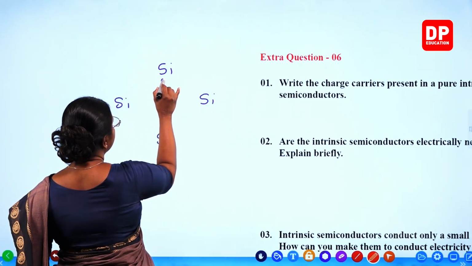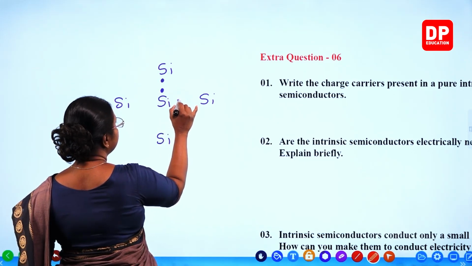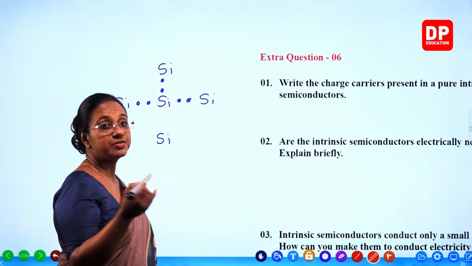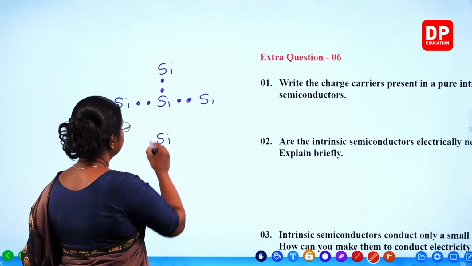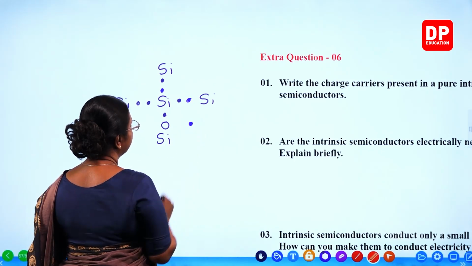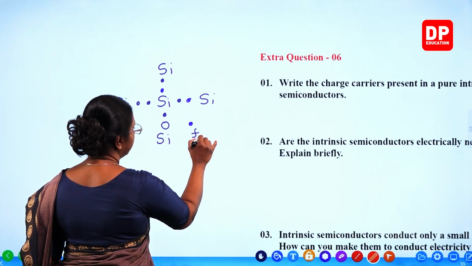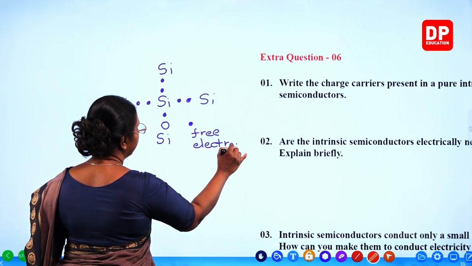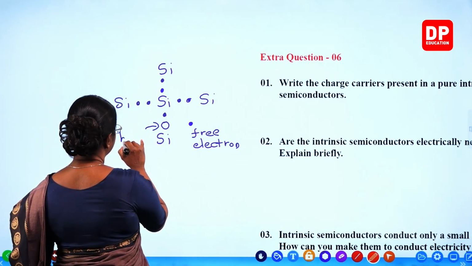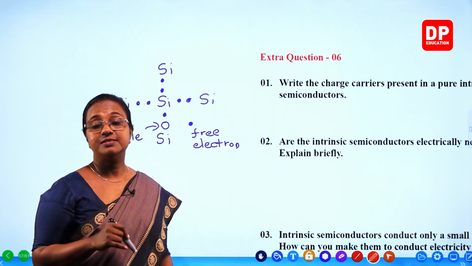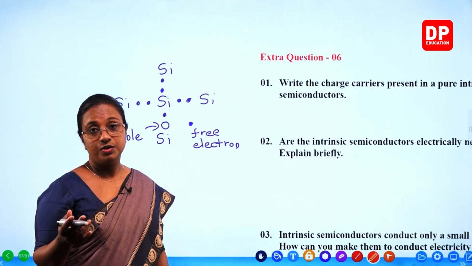Now most of the electrons remain between the silicon atoms, but a few bonds are broken, and because of that, there will be a hole generated with a free electron. So a free electron and a hole.